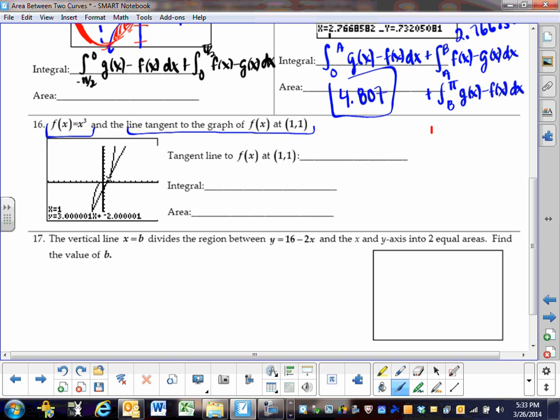So again, your first step has to be to graph x cubed, and then use the draw feature, which is second program button, number 5, which is the tangent line, and then you have to tell it 1 because that's the value of x we want to use.